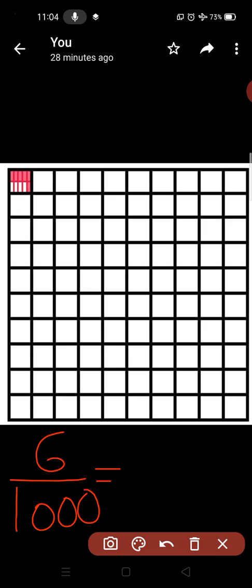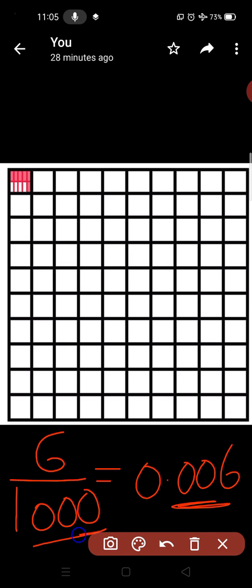So what is the equivalent decimal number here? 0.006. Why do we get 2 zeros here? For the 1000 we have 3 zeros and only one digit in the numerator, so the remaining 2 we write as zeros. So the answer is 0.006.